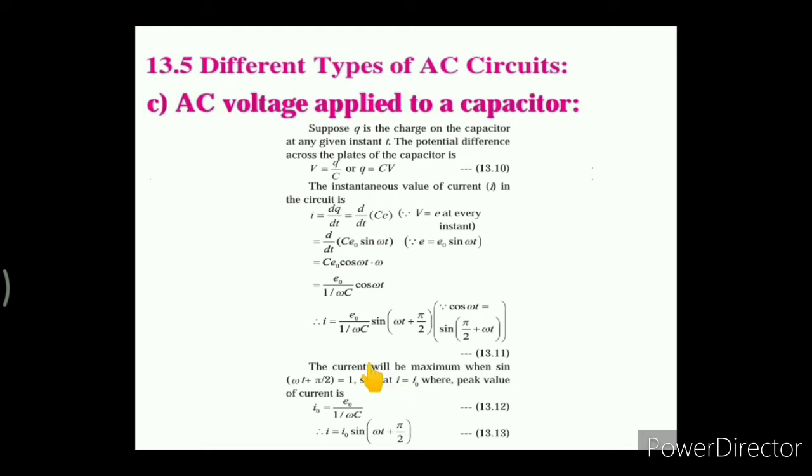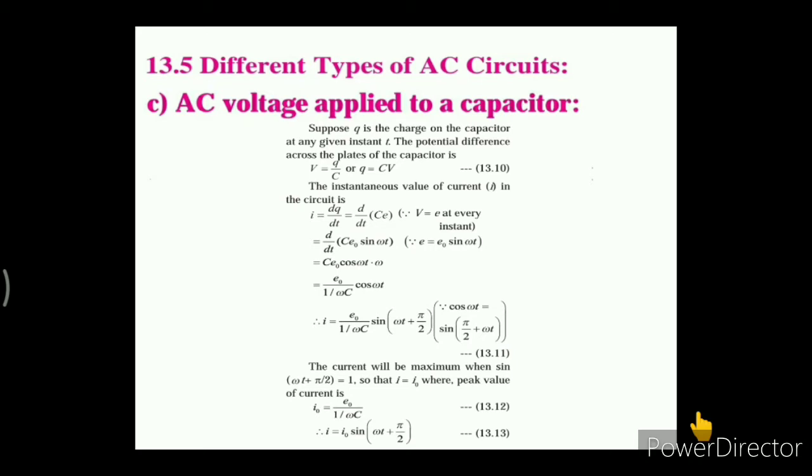So here we can say that the value of I0 is equal to E0 upon 1 upon omega C. Give this equation, I0 is equal to E0 upon 1 upon omega C, as equation 13.12, and hence 13.11 will become I is equal to I0 sin omega t plus pi by 2.